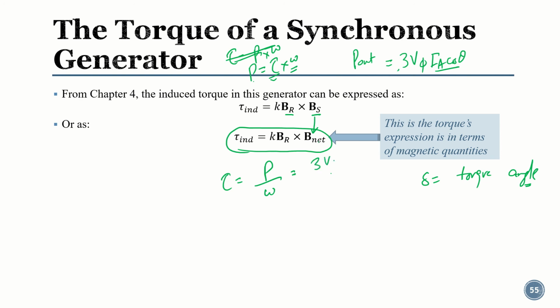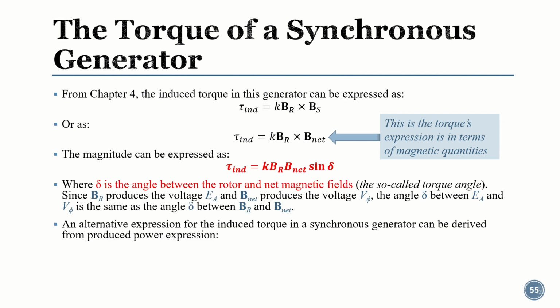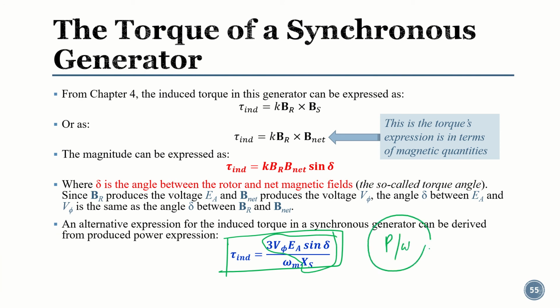So this power, V phase IA cosine of theta, divided by the angular velocity will become our torque value. We can derive this from this relationship, that the induced torque can be written as this whole term, the power divided by the angular velocity.